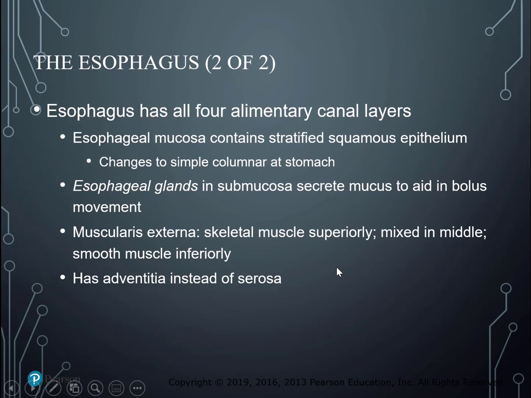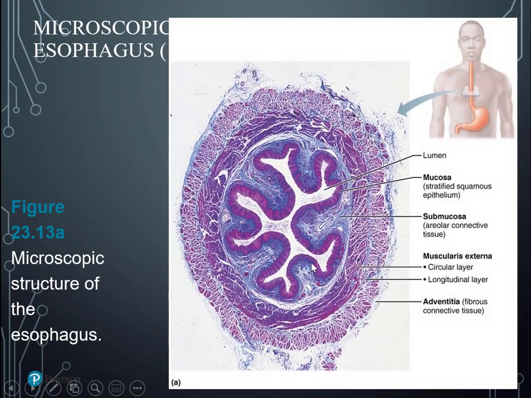So there is a gradual change from skeletal to smooth muscle, which helps aid in your voluntary swallowing. Then, since you're not swallowing anymore all the way down the esophagus, it's already the peristalsis of the esophagus that pushes the food distally, which is involuntary. It would have adventitia instead of a serosa. It doesn't have a serosa as a cover.